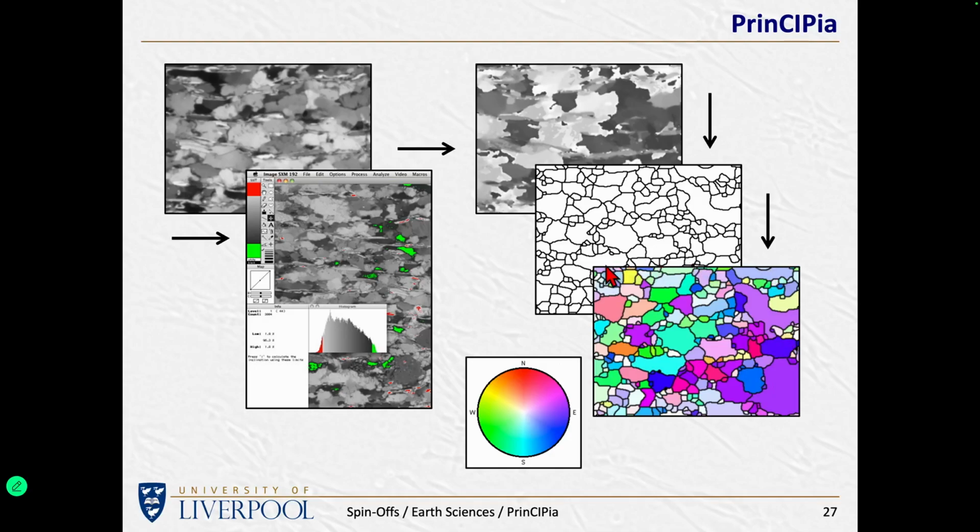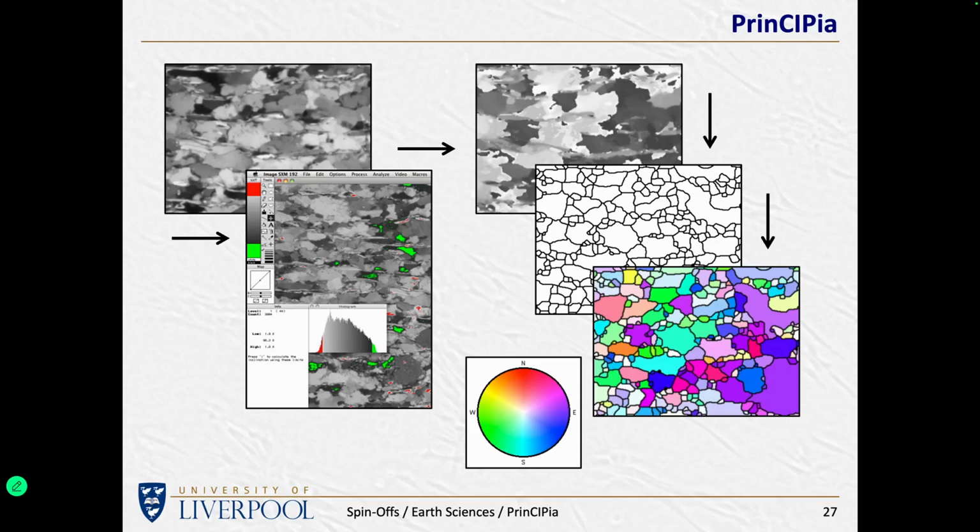So it's then possible for a geologist to start extracting information from images like this, knowing that each of these colours is telling them about the relative orientation of crystal axes, which in turn tells the geologist about, well, what is the history of this rock that produced this particular set of orientations?